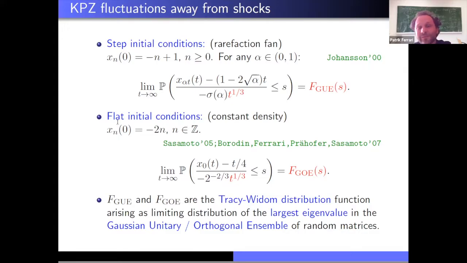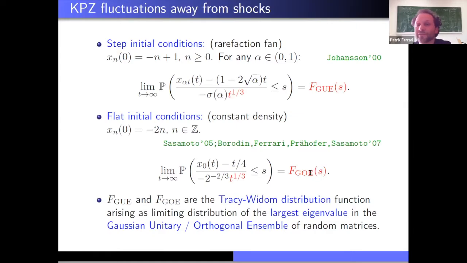And similarly, but differently, if you take any flat initial condition, what is important here is some non-random initial condition such that the macroscopic density is constant, not decreasing like in a rarefaction fan, then the distribution of the particle still fluctuates on the same scale, but has a different law.